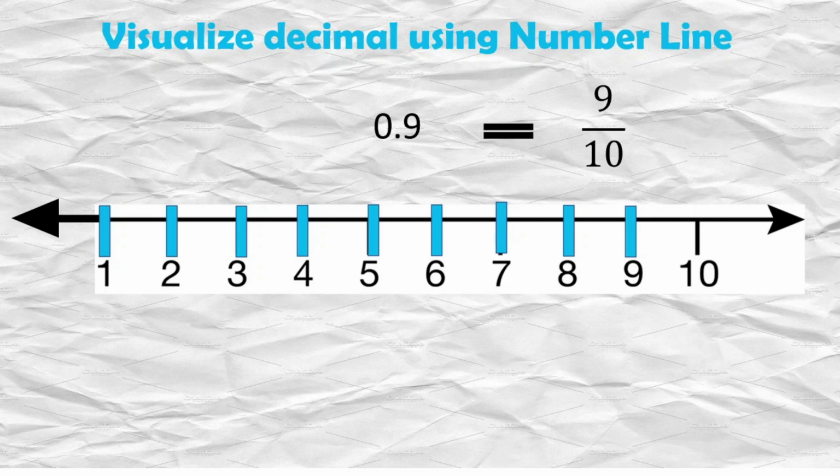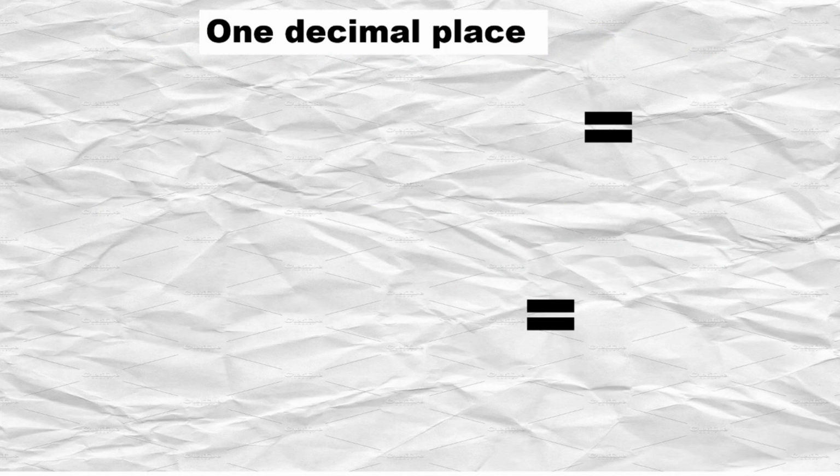Okay? So, napakadali rin mag-visualize ng decimal using a number line. Kung say for example, 100 ang denominator natin, so, you're going to make a number line na 100. Okay?